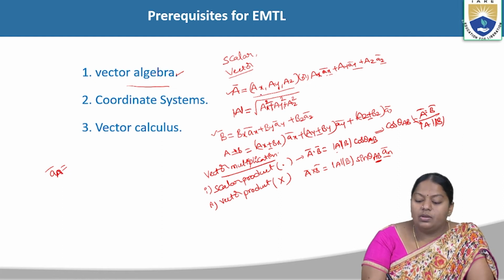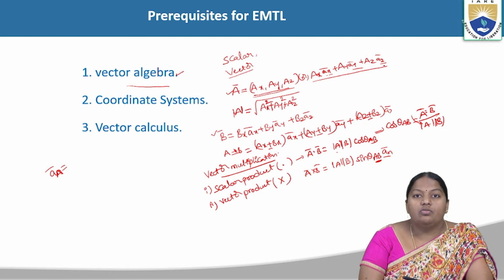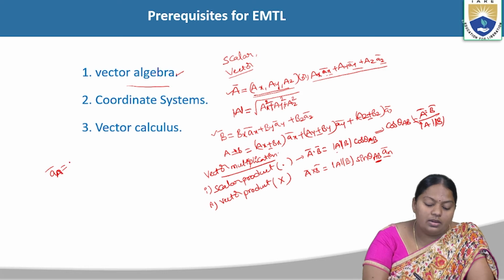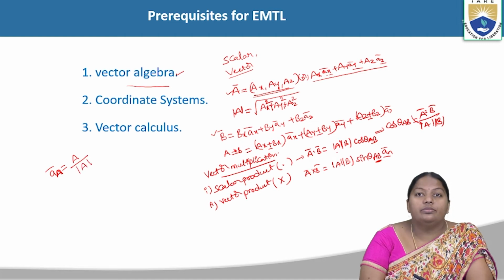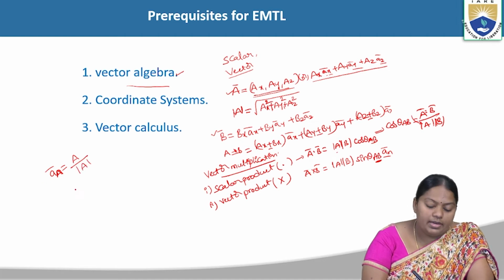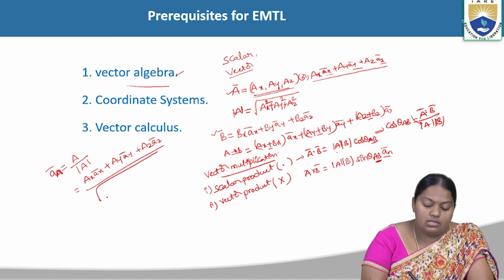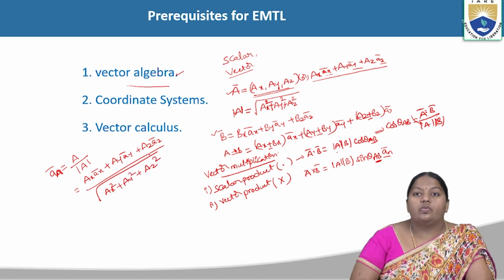Sometimes we represent it with magnitudes only, or sometimes in vector form, means along with the magnitudes, unit vectors also. So that can be given here: a suffix a bar is defined as the ratio of the vector to its magnitude. Generally it is written as a equal to ax plus ay plus az by the magnitude, given by the square root of ax square plus ay square plus az square.